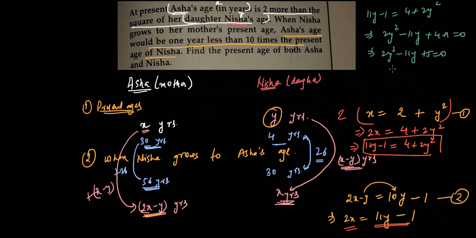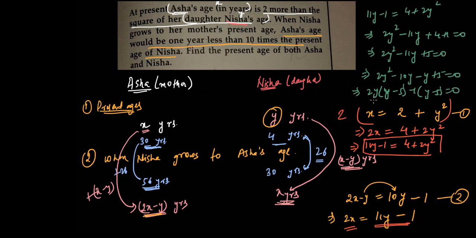Now this is a quadratic, you can easily factorize it. You can see 2 and 5 as factors, so 2 into 5, 10. I can take 1 and 10 because minus 1 into minus 10 is equal to minus 11. So 2y square minus 10y minus y plus 5 is equal to 0. So this gives me 2y minus 1 into y minus 5 equals 0.